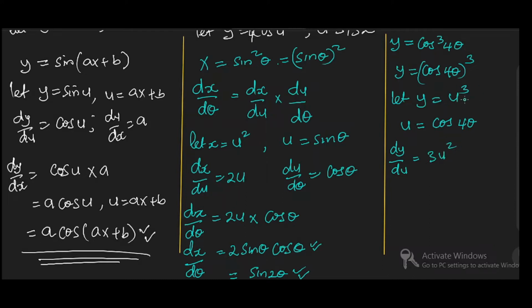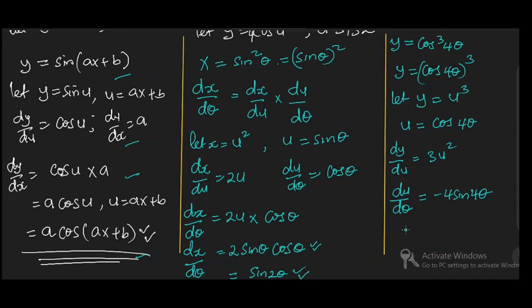Then du d theta: remember the first method we used when differentiating these ones. When you differentiate that, you come up with negative 4 sine 4 theta. You carry on that differentiation and still come back to this given part.